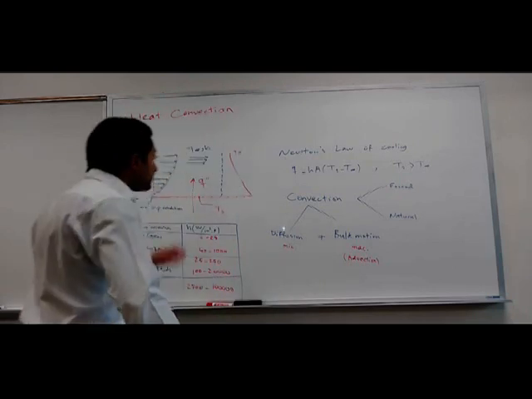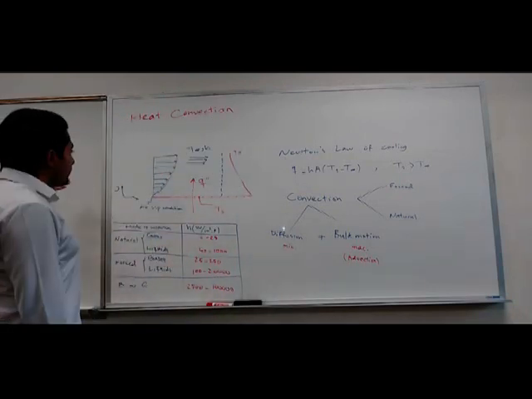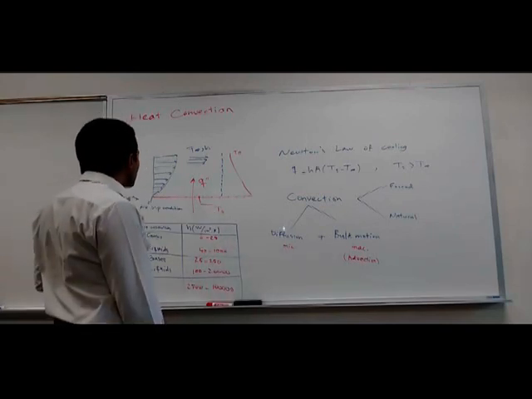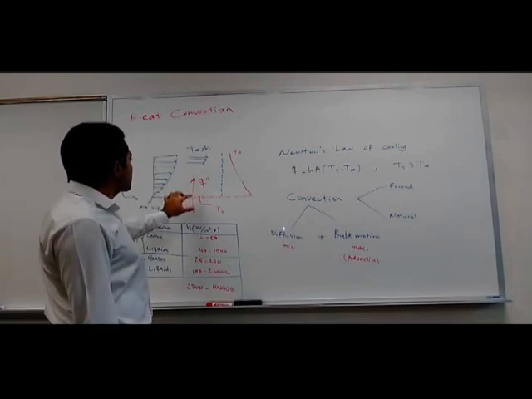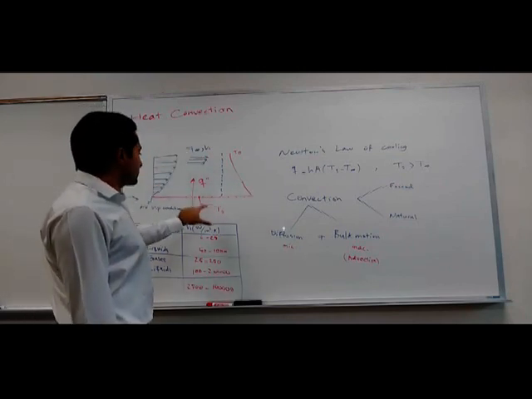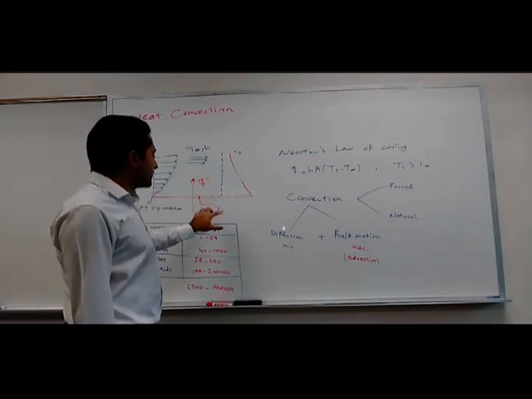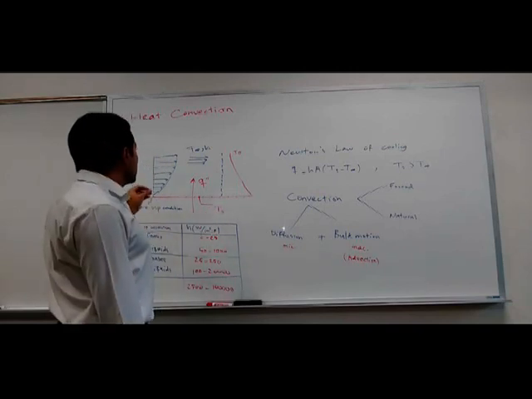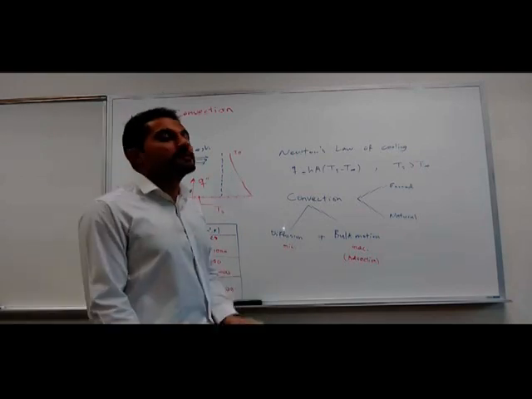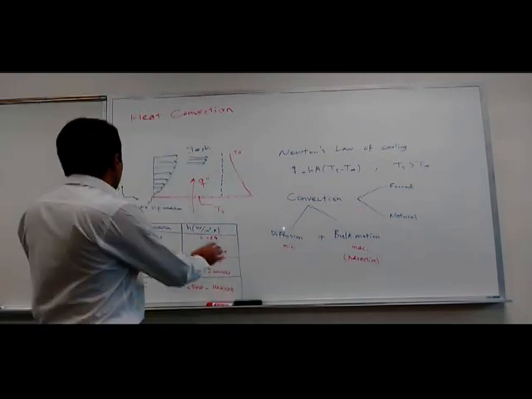Let's take a look at heat convection. When a fluid is moving over a plate, and if there is a difference between the temperature of the fluid and the temperature of the solid plate, a convection mode of heat transfer definitely will occur.